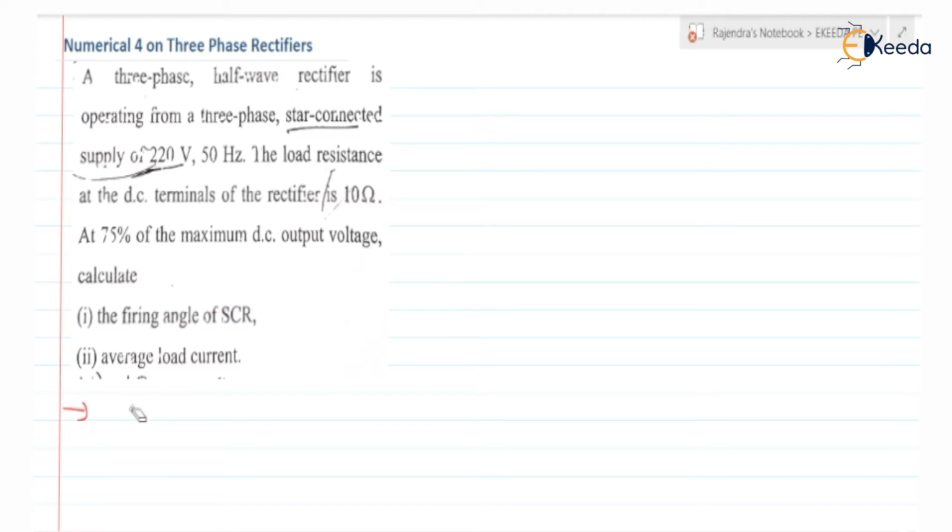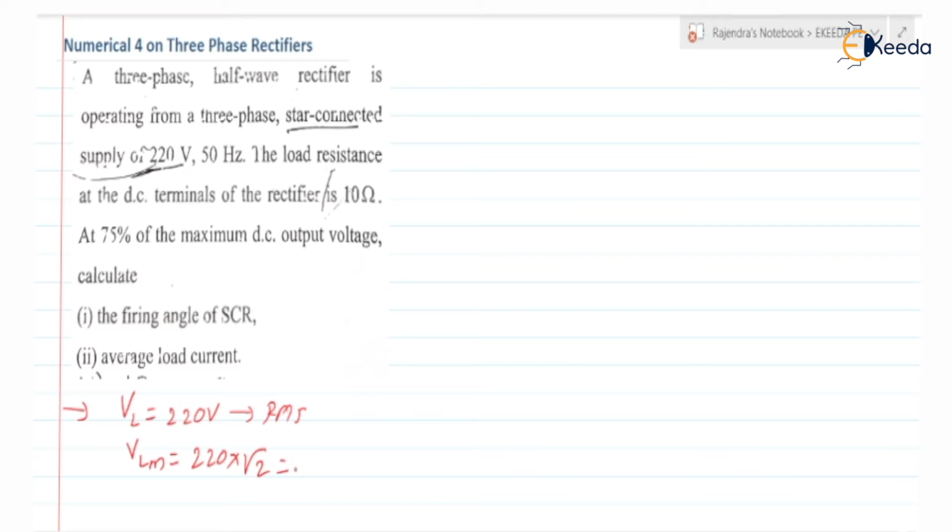Okay, so let us first note the given data, right? It is given that VL is equal to 220 volt. Next, this is the RMS value, right? So from this can we find VL peak? Yes, we can write VLM is equal to 220 into root 2.